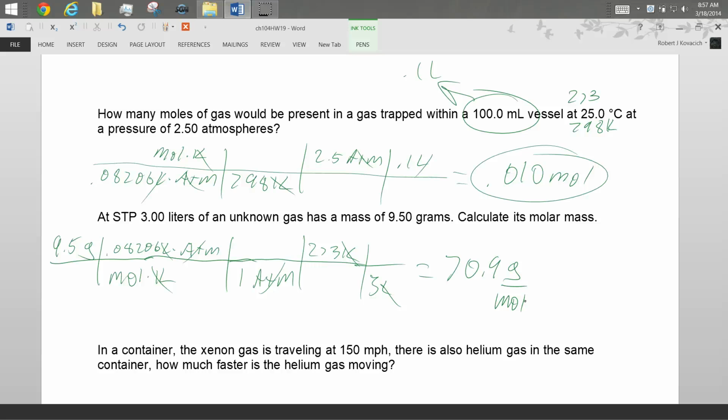What are the units on R? Liters, atmospheres, moles, Kelvin. That's why. In every ideal gas law problem, you will have those units from the R. So how do I cancel them out? I have to have them in those units. If they're not in those units right there, then I can't actually multiply the things together, or I'll end up with units that don't cancel.